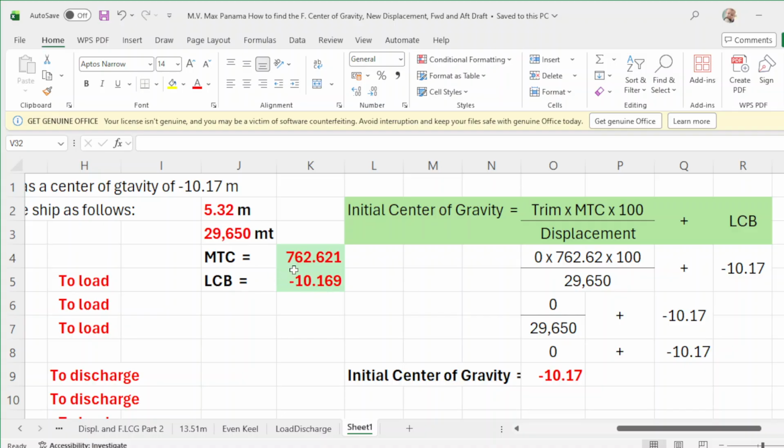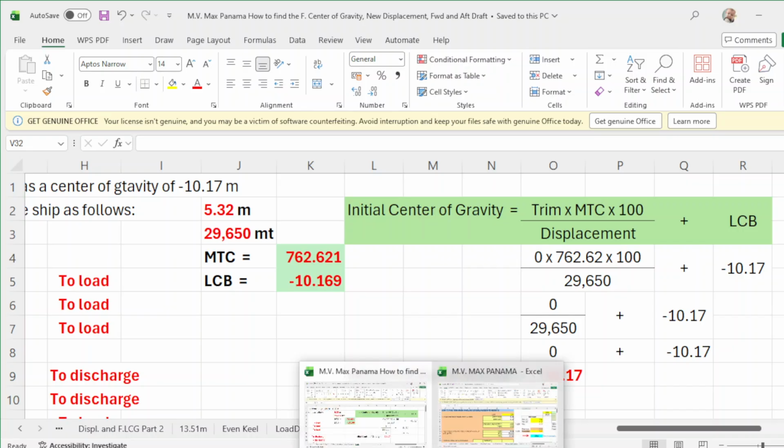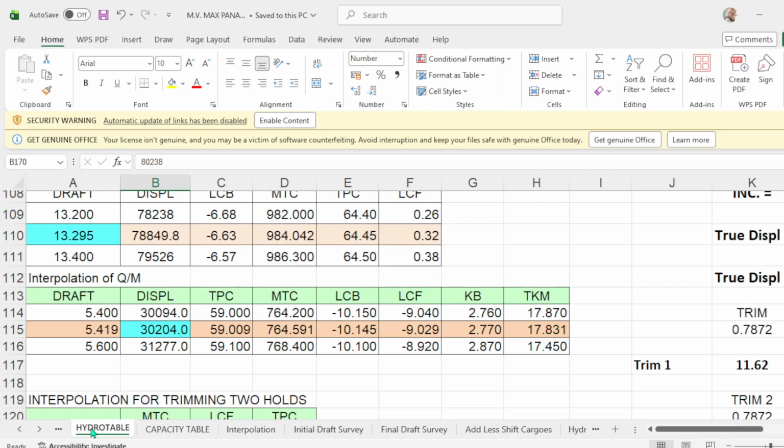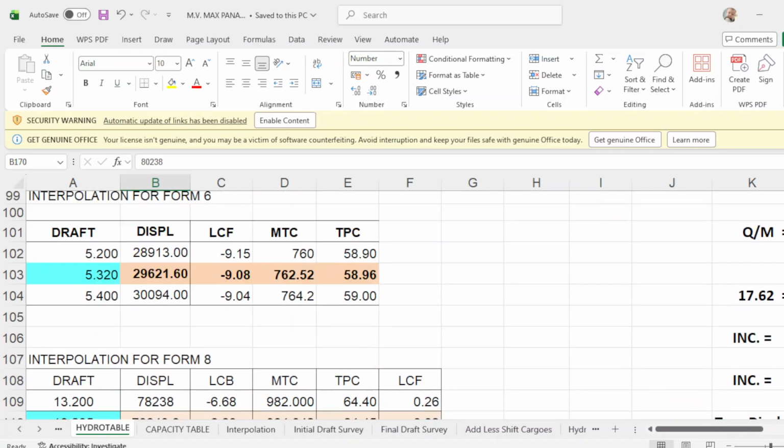So with this draft, you can get the MTC of 762.621 and LCB is negative 10.169. So 5.32, you go to the hydrostatic table.